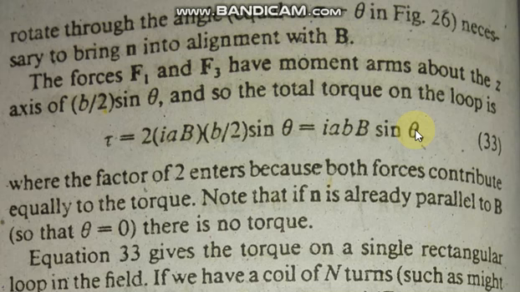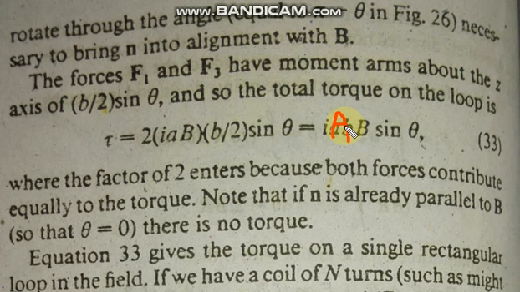And for theta equal to 0, there will be no torque acting on the loop. Now what does theta equal to 0 mean? Here theta is the angle between this A and B. This product AB is the area of the loop, and here it is the vector area.